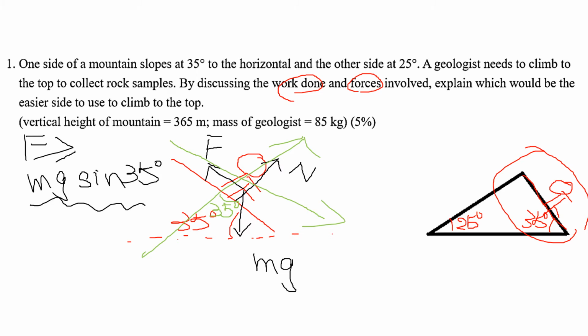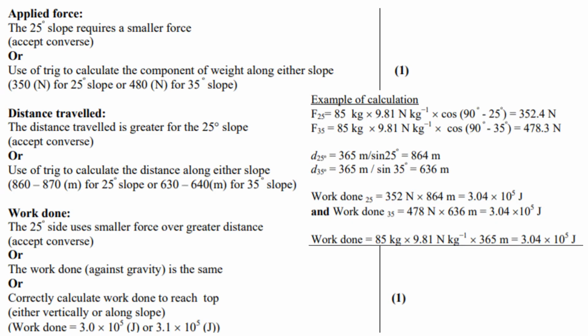For the right-hand side, the force needs to be higher than mg sin 35. For the left-hand side, the force needs to be higher than mg sin 25. As you can see, sin 35 is larger than sin 25. So you need a higher driving force to move to the right-hand side.